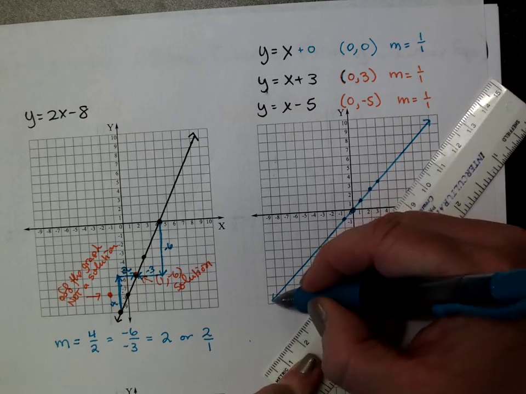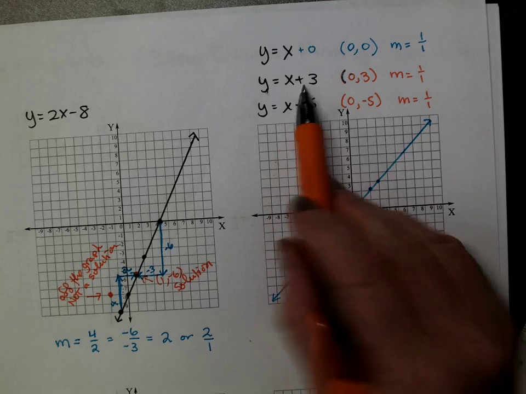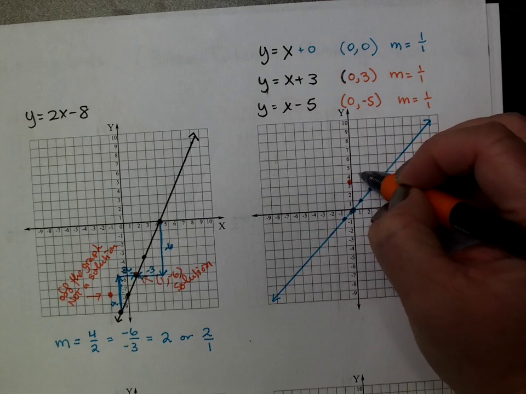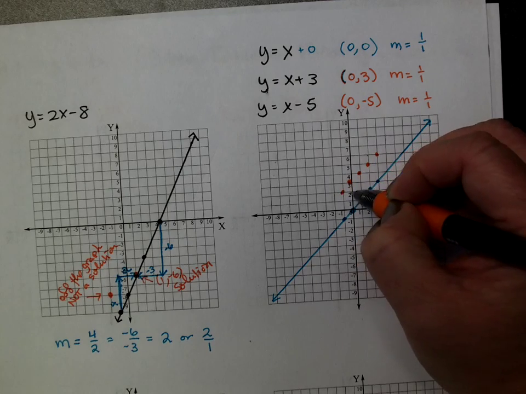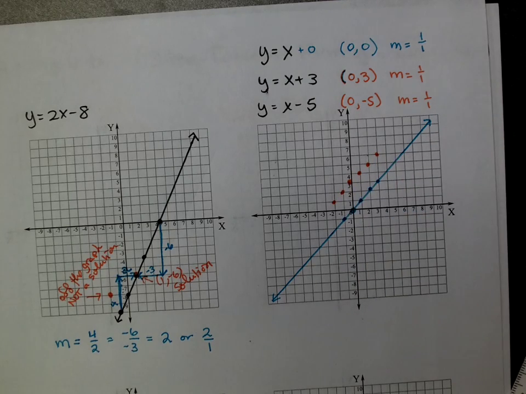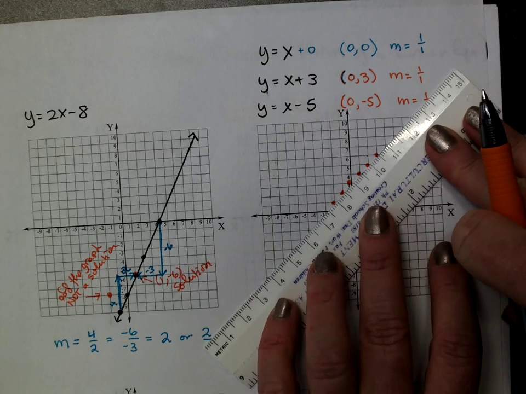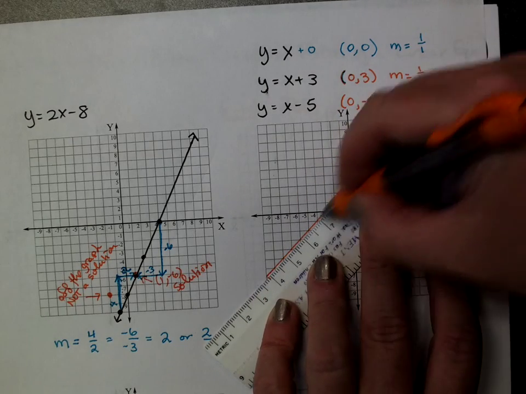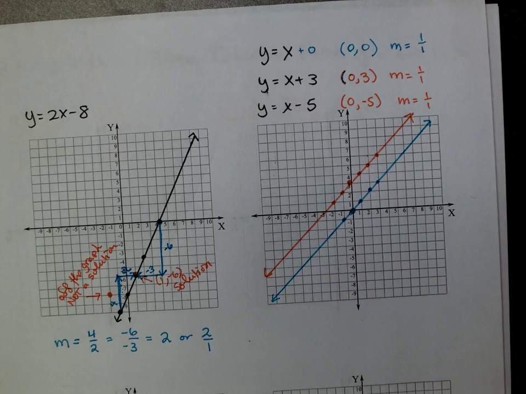Edge with arrows on either end. 3. Same steepness, parallel lines.